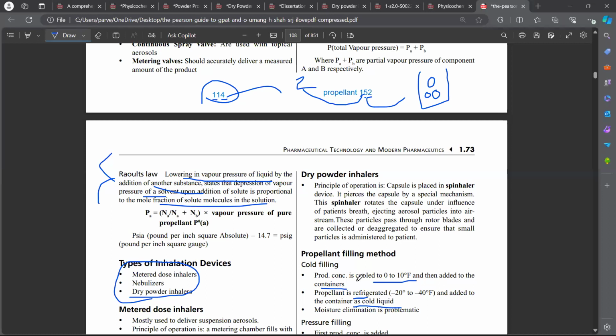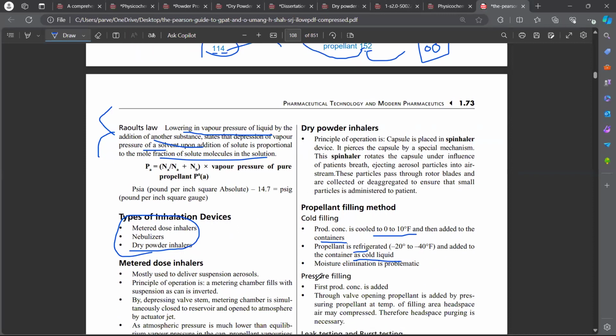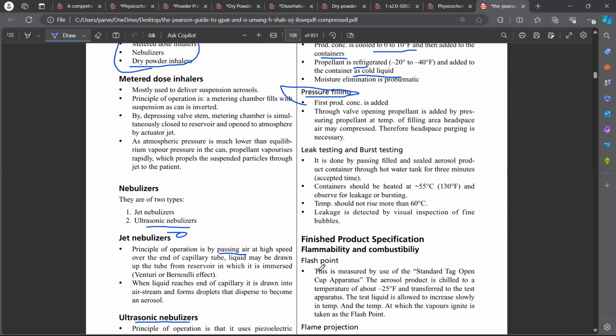Which is the most widely used propellant filling method? Yes, guys. Pressure filling is the most convenient, because there is no need to maintain such stringent refrigerated conditions. That's why pressure filling is the most widely used method for propellant filling in metered dose inhalers.